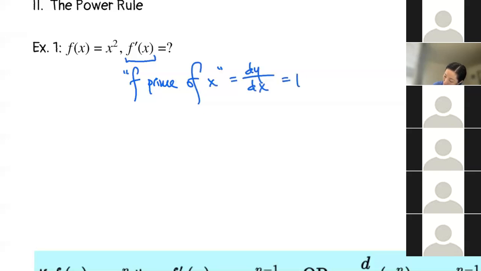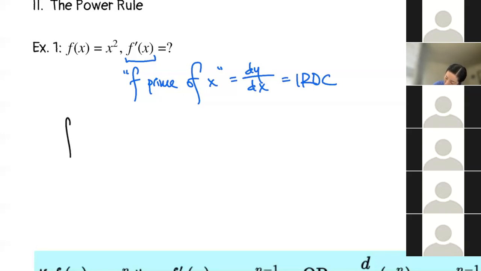And so it would be important for us to say f prime of x is really saying, another way I could write this would be dy dx, or I could say find the instantaneous rate of change of this particular function.